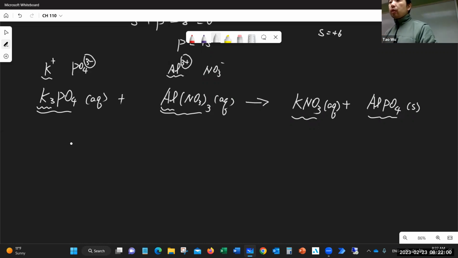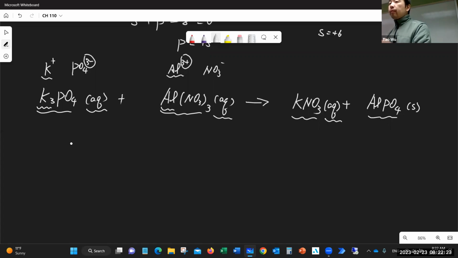And again, only those soluble compounds will be rewritten as a cation and anion, right? Because only the electrolytes that are soluble in the water generate the cation and anion. The insoluble parts will not.